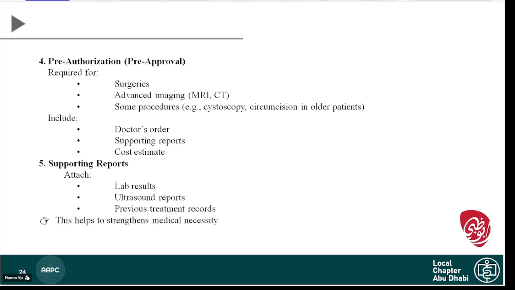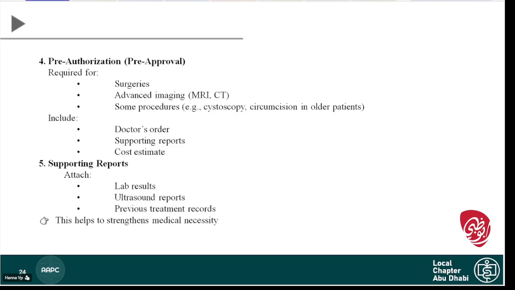That means whether the service will be covered or not in the patient's insurance. It will help you note whether the patient has to pay or not. That means if the insurance does not cover it, the patient has to pay from their own side. Otherwise, it will be included in the insurance. So pre-authorization is one of the main things done before giving the treatment, to know about the services included in the patient's insurance or not.